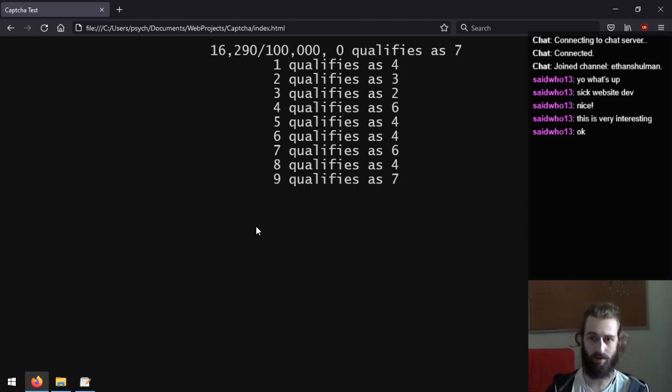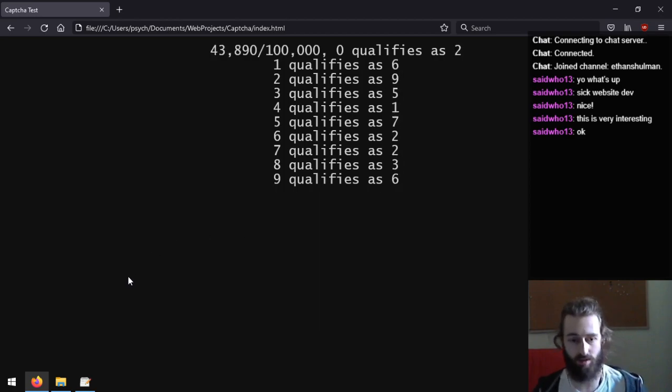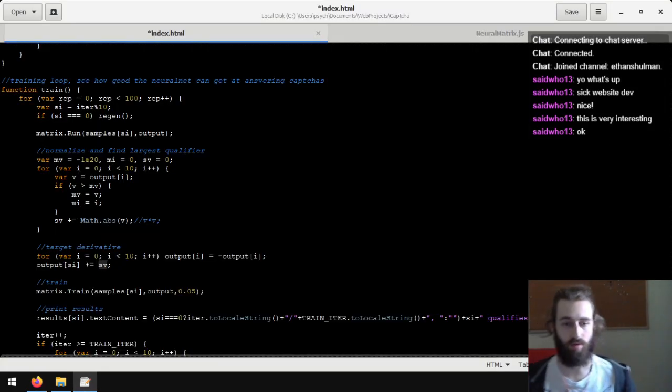I wonder if that trains better or worse. I guess I'll try adding this normalization. So that trains worse.